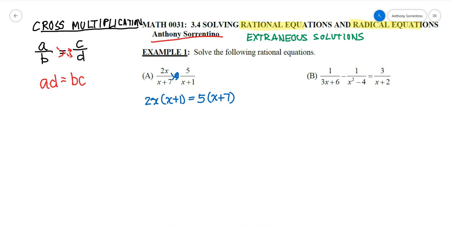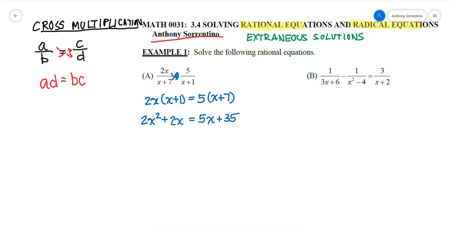Now I want to solve this equation, which means I'm going to need to do some simplifying. On the left, I'm going to distribute a 2x, so I'm going to have 2x squared plus 2x. On the right, I'm going to have 5x plus 35. Now we can see that this is a quadratic equation.